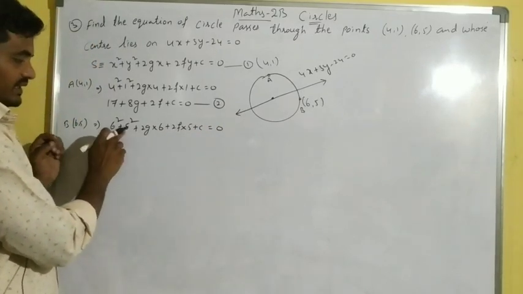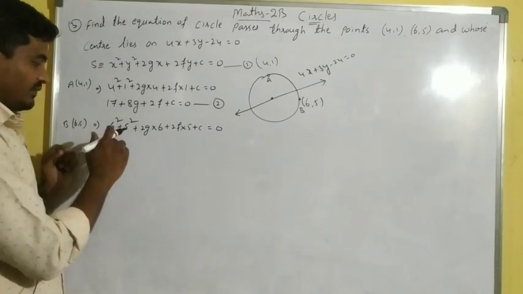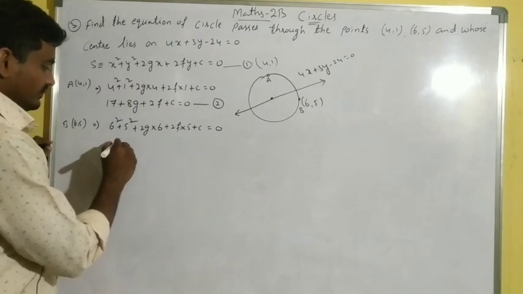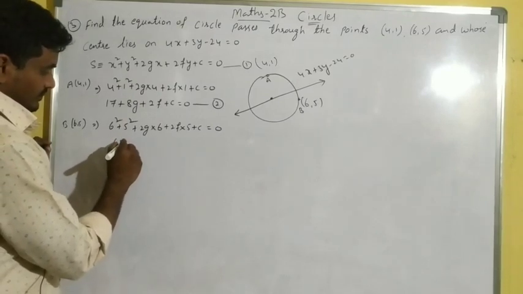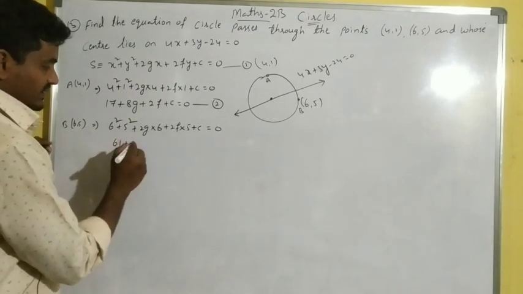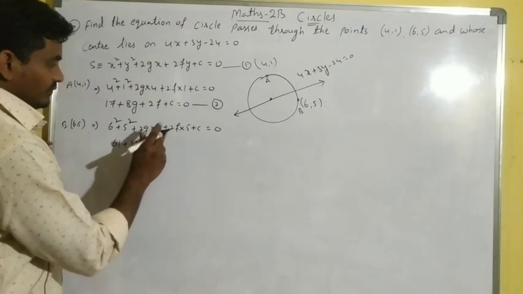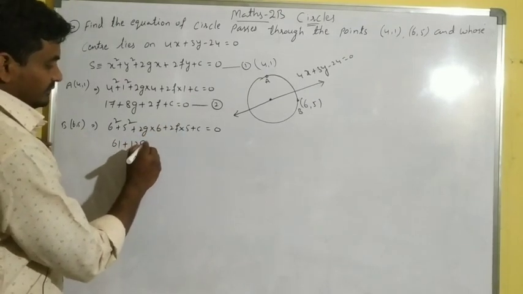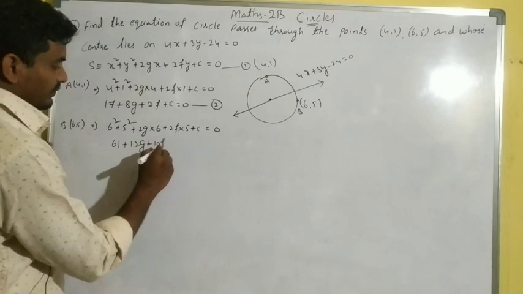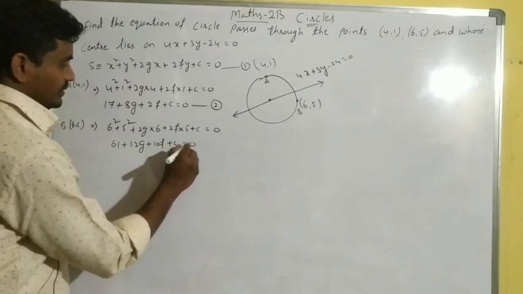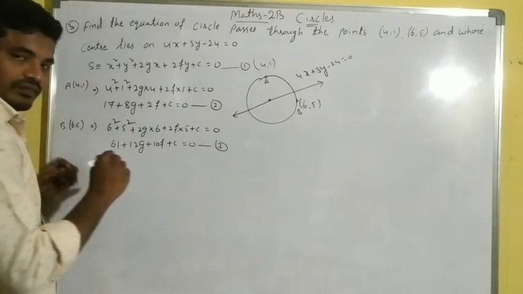It becomes 36 plus 25, which equals 61, plus 2 times 6 is 12g, 2 times 5 is 10f, plus c equals 0. This is equation number 3.